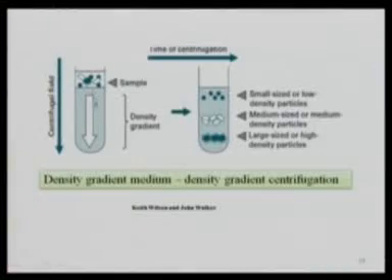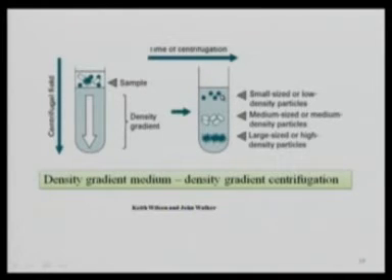Let us see the details of this one. As I said, in this test tube you can see there is an increase in the gradient, that means the density of the solution is increasing towards the bottom. Now you are applying a sample with different components, a mixture of sample. On the right side you can observe this mixture being separated again into the heavier, medium and lighter ones.